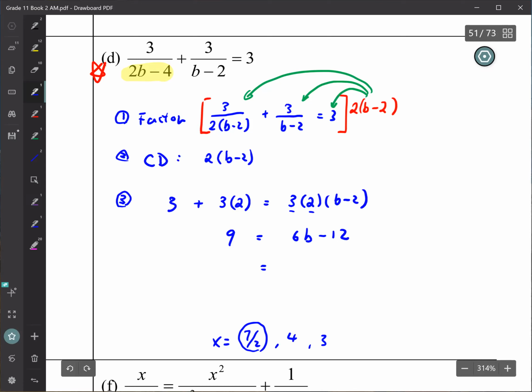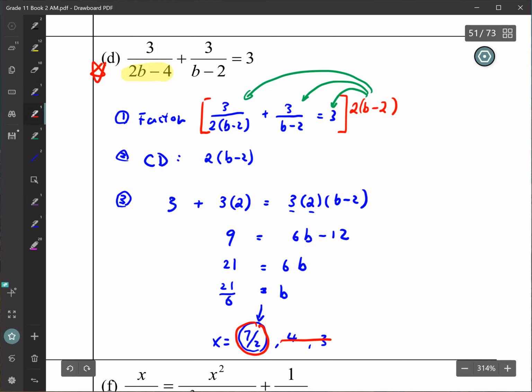And then you move it, okay? Then move that over, then that will be, wait, that will be what? 21. Yeah, 21 equals 6b. Okay, and then divide both sides by 6. 21/6 equals b. So that can be simplified. Okay, very good. So it should be 7/2.